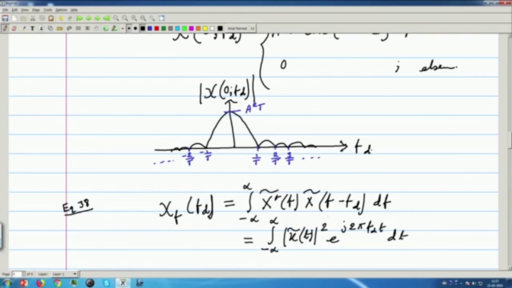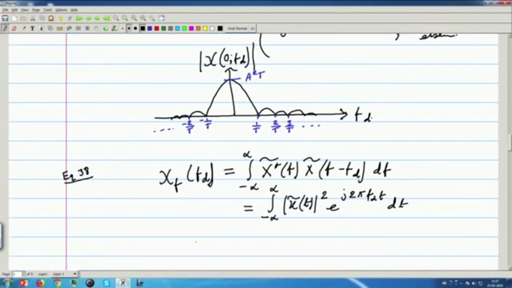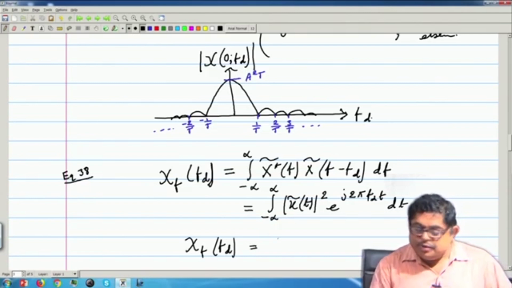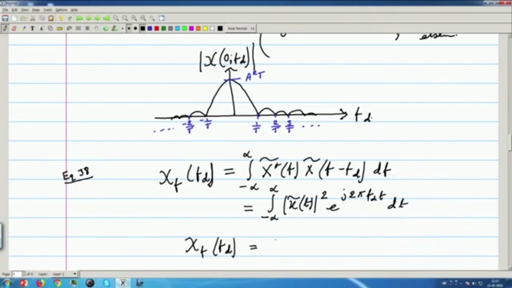Now, can I say that the frequency correlation function is actually the autocorrelation function of X, but according to our definition this should be written as minus f d, because here the delay is like this.